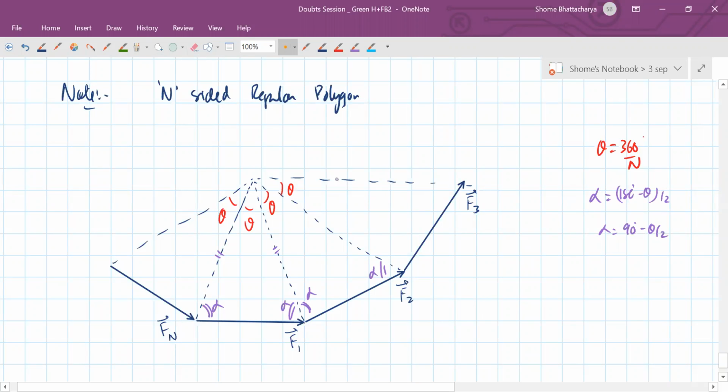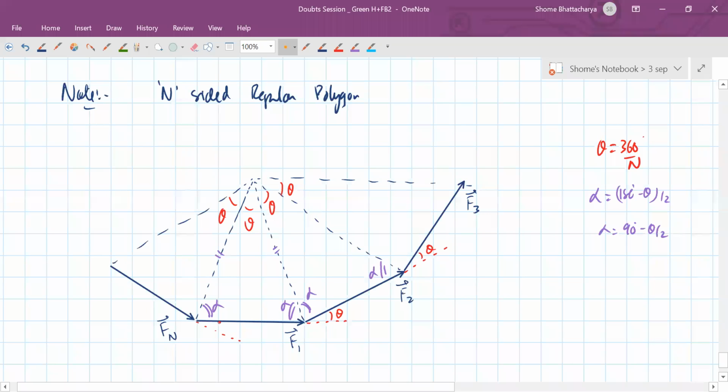Like that. Okay. So that also means that now, if you look at this angle, this will become the same as that theta. This is the same as that theta.